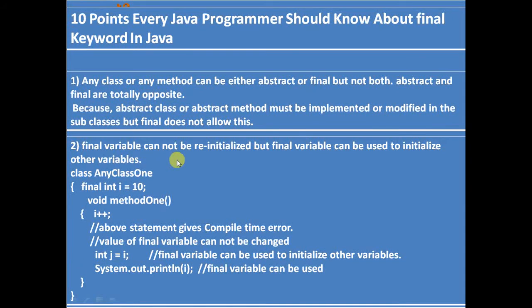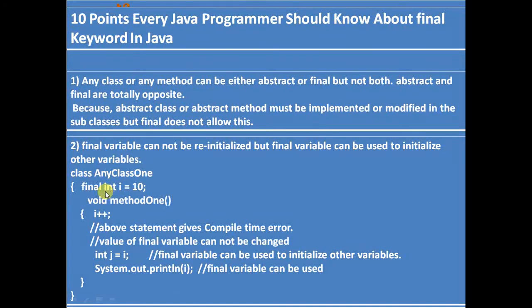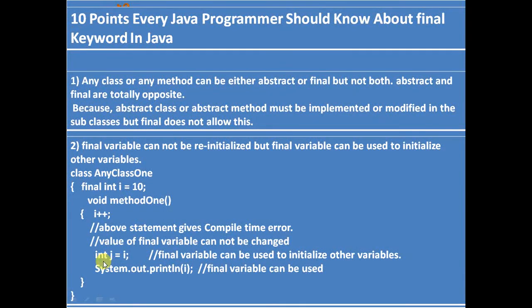Number 2. A final variable cannot be re-initialized, but a final variable can be used to initialize other variables. Means if you define a variable like here, int i = 10, now we cannot even increment the value, because increment means we are re-initializing the value, but we can use it to initialize another variable.